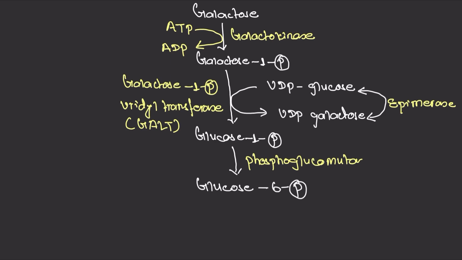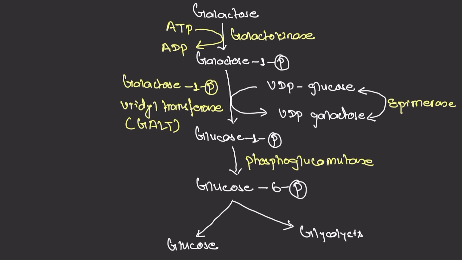Now the fate of glucose 6 phosphate depends on the need. If there is need of glucose, then glucose 6 phosphate can be converted to glucose in the liver, and if there is need of energy, then glucose 6 phosphate can go into glycolysis in other tissues.